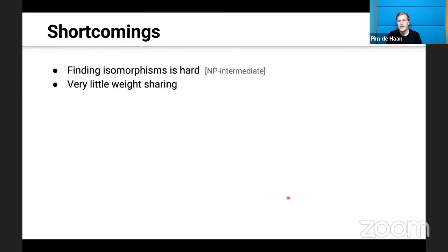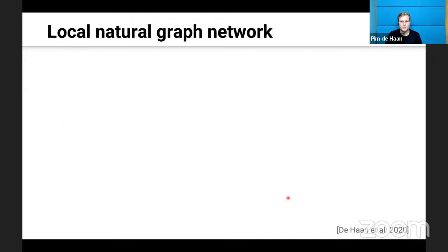And there's also very little weight sharing because whenever we have in our test data any graph of which there wasn't an isomorphic graph in our training data, we just have no information on how to process it. So what we propose in our paper is to not look at global symmetries of graphs, but look at local symmetries. And I'm just going to briefly sketch how we approach that.